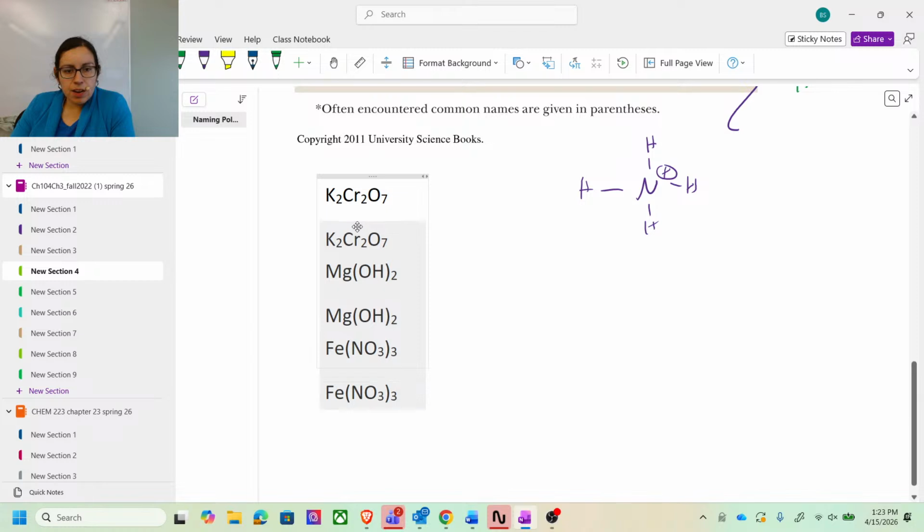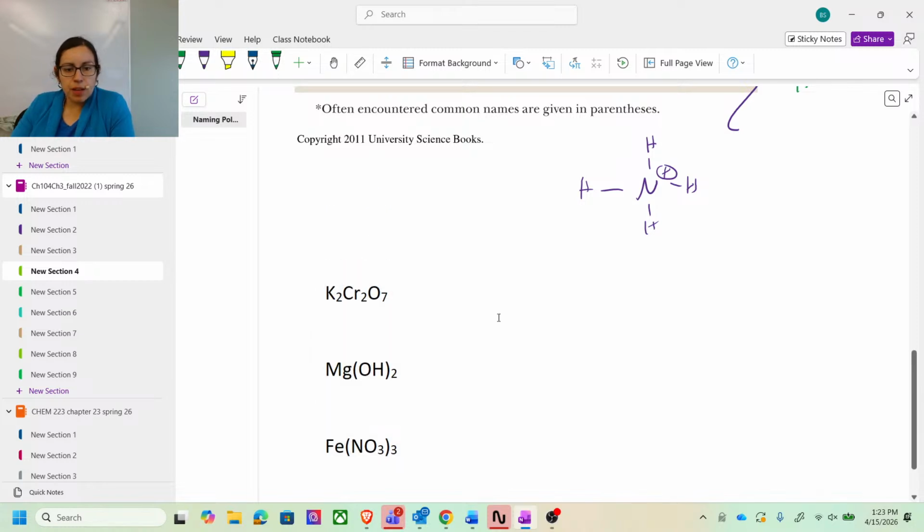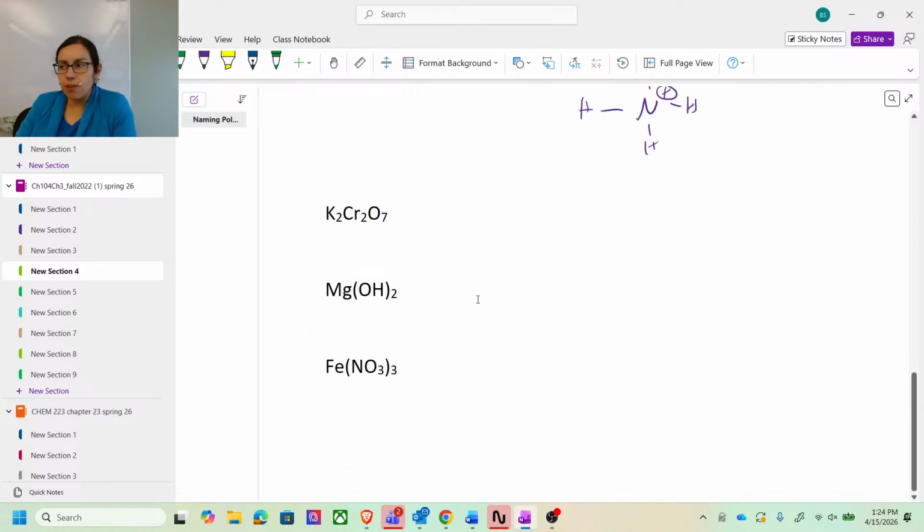And so let's try to name these. So probably let's just copy them down first, and then I'll scroll back up so you can refer to the polyatomic names. And then how we name them, sorry, let me let you copy that. But it's pretty easy. We just name our cation metal appropriately. So in the case of potassium, magnesium, we can just state them, because they're group 1 and group 2.